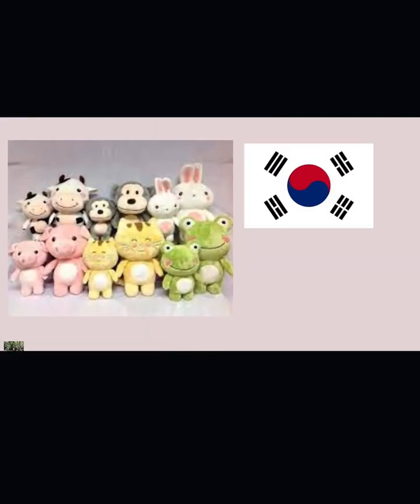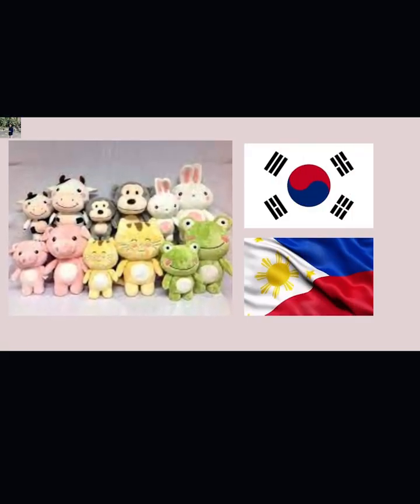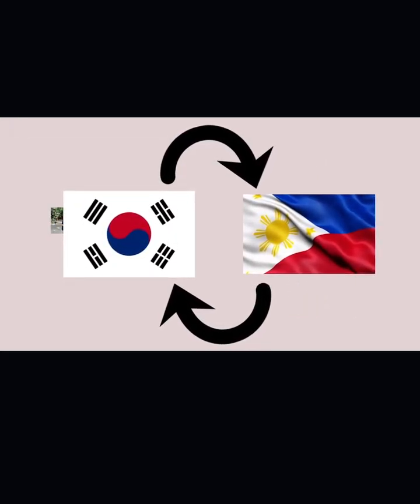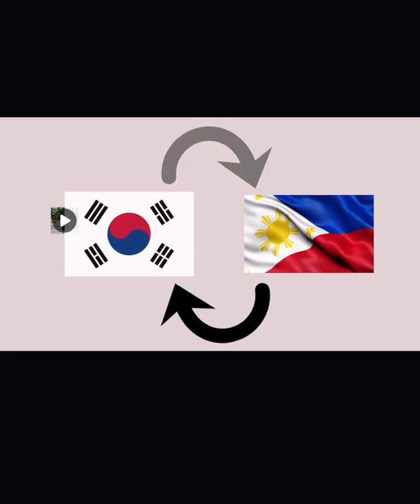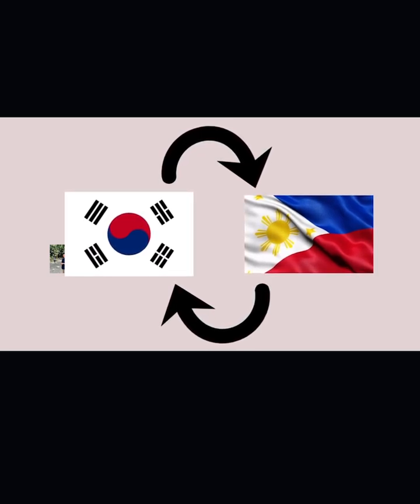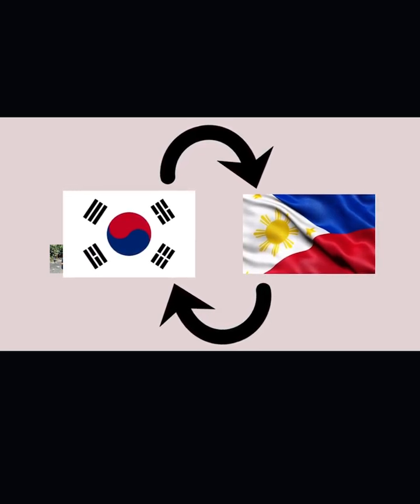For example, Korea produces toys at a cheaper price than the Philippines. If foreign trade increases between these two countries, then toys could be sold in the Philippines more easily, making them more available and thus reducing the price.